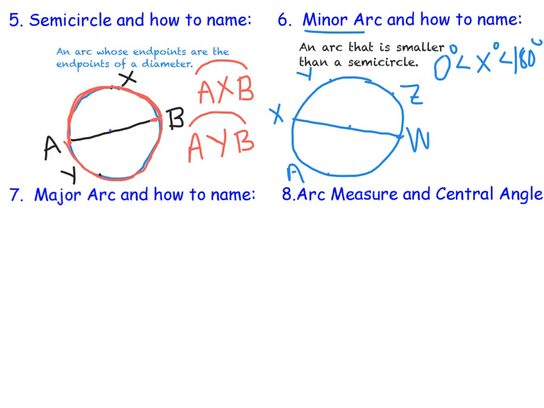An example here, anything less would be, right here, WZ. Notice that there are only 2 letters to name a minor arc. If I choose this arc over here, less than a semicircle, that would be XA with the arc over it.